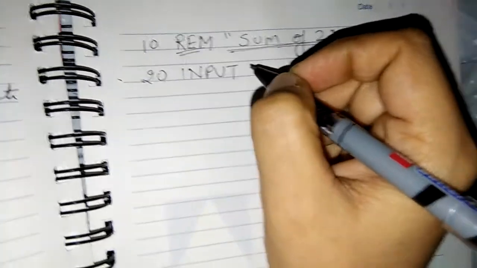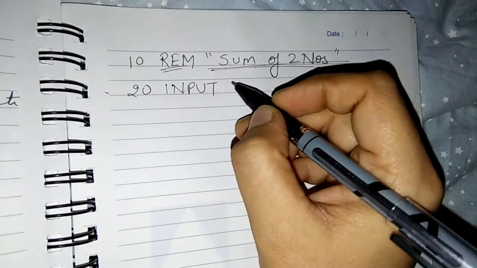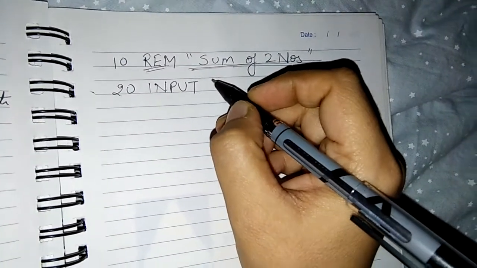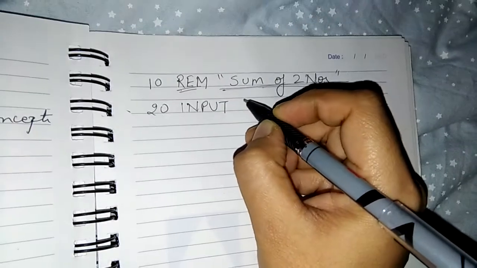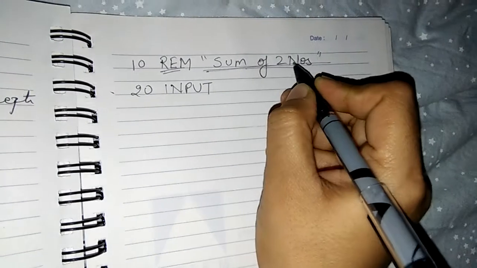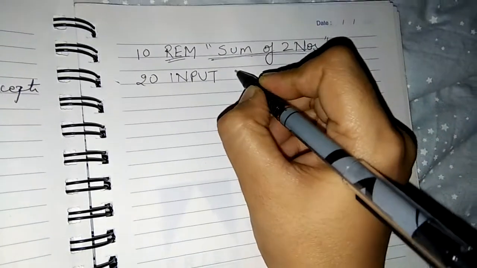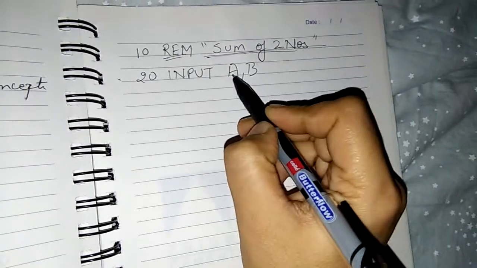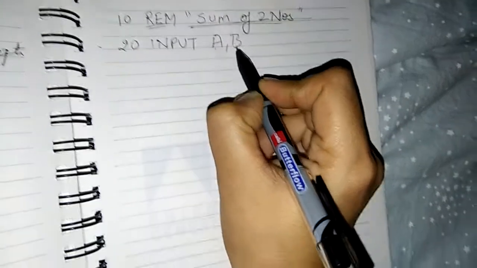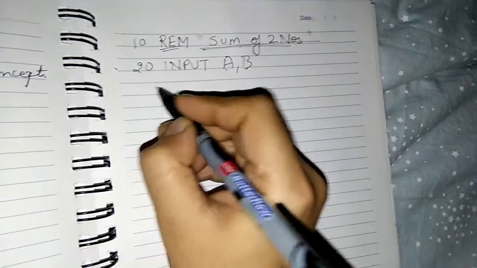But a good program is when it is more interactive, and it can be more interactive when it asks values from the user and gives results to the user. So in finding the sum, we are first taking an example of taking input. Suppose I am taking input A comma B. It means these are two numeric variables. It will ask for two values, A and then B.